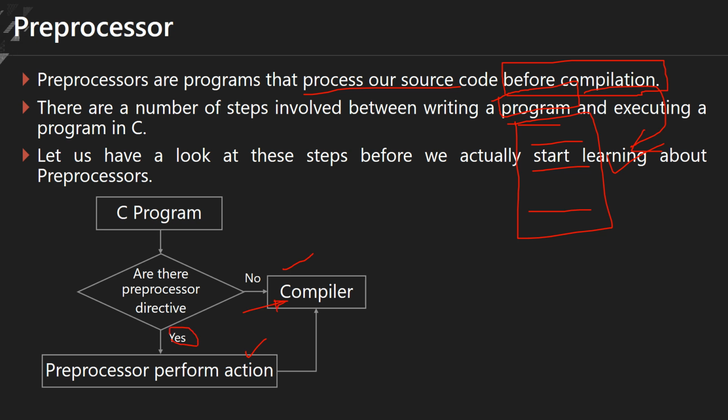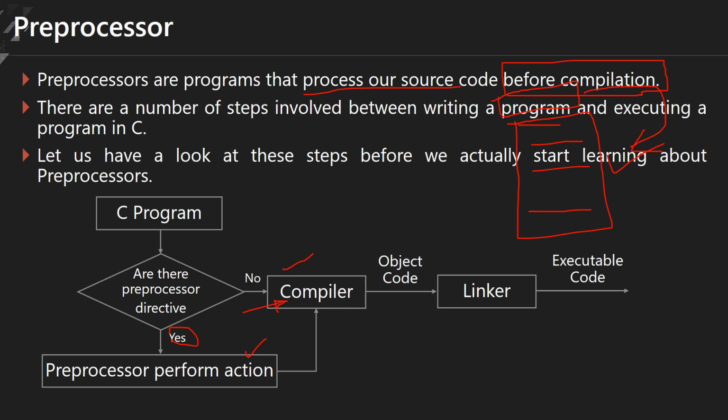Sometimes a simple program will not require any preprocessor, in that case you can directly compile it. If preprocessor directives are added, they execute first, then it goes to the compiler. The compiler converts this into object code, then the linker comes, and then the executable code is generated.